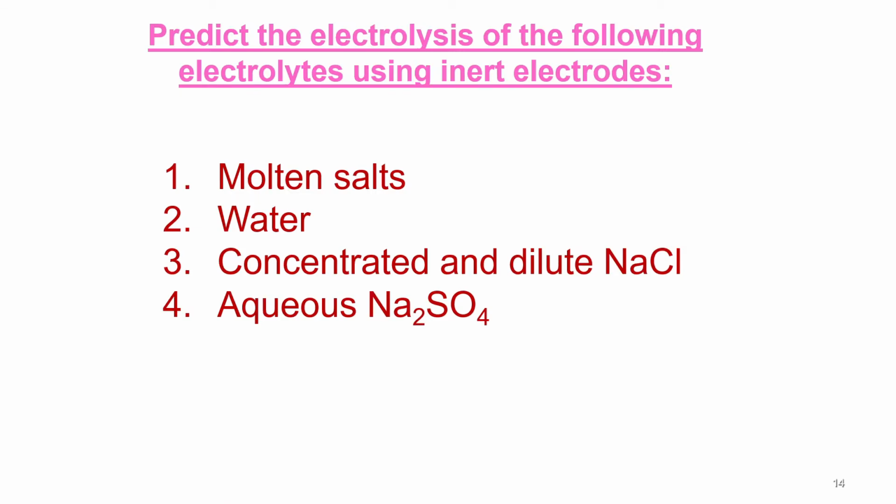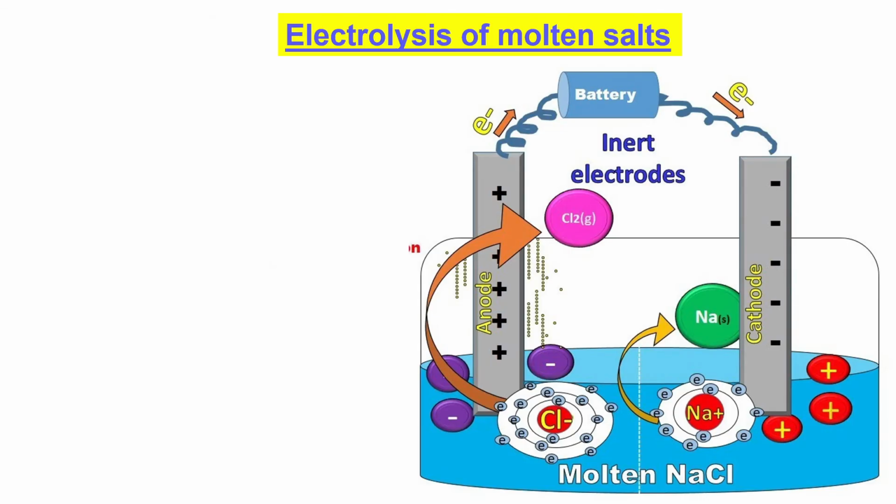So we have these 4 type of electrolyte untuk being discussed in this subtopic: molten salt of NaCl, water, concentrated and dilute NaCl, and also aqueous Na2SO4. So untuk molten salt of NaCl, so kita tahu molten tu meaning hanya ada Na plus, Cl minus, solid. Okay, so solid tu yang kita cairkan.